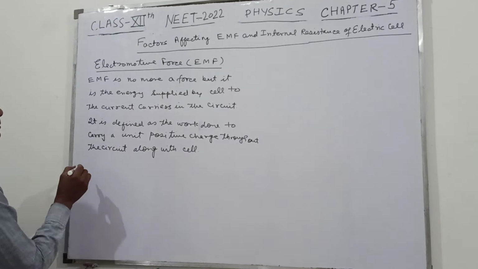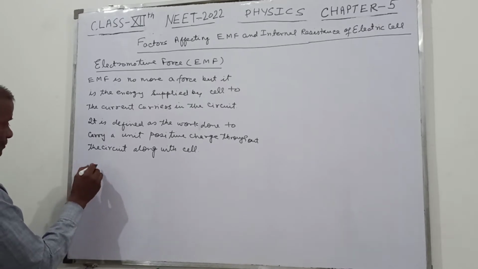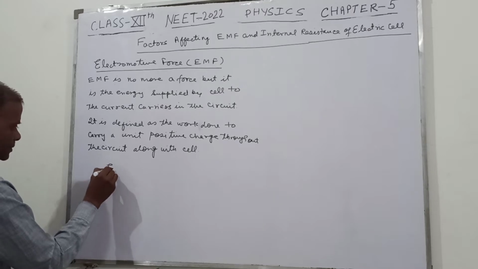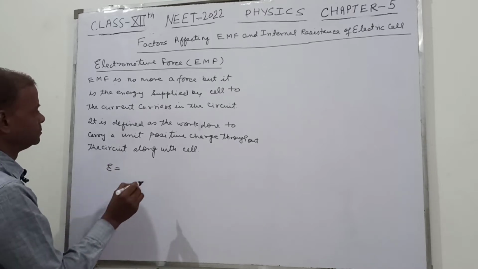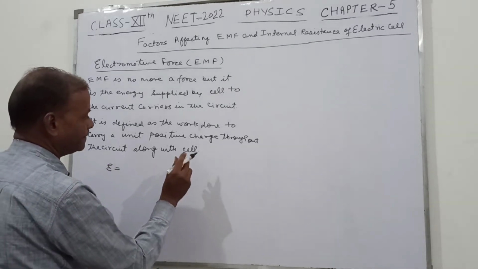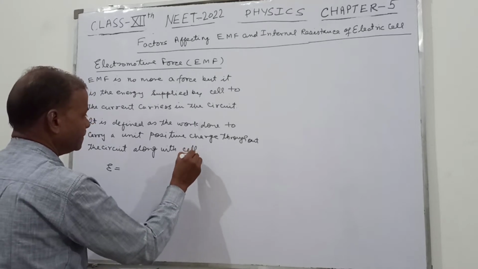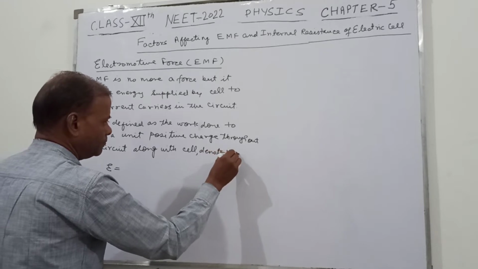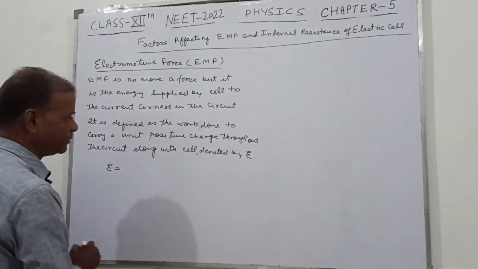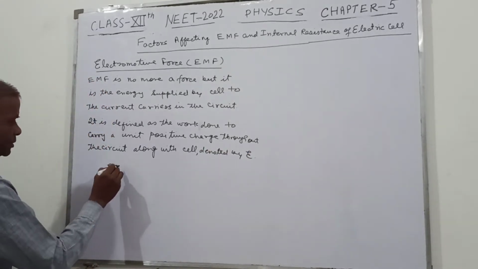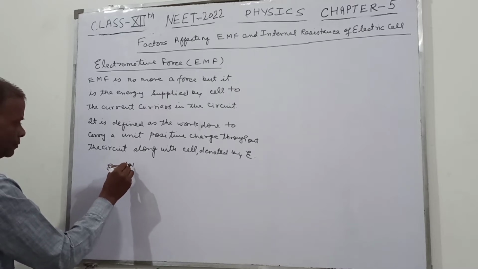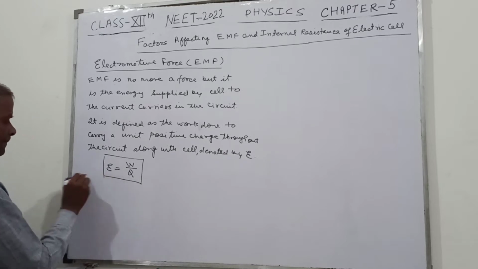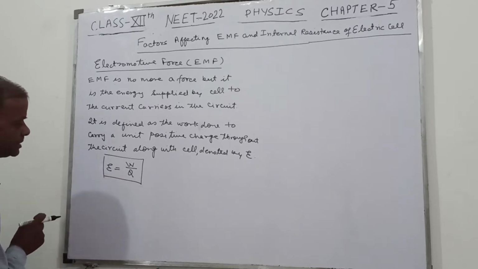So we already have this electromotive force, denoted by E. So this E is equal to W upon Q. This is the formula.